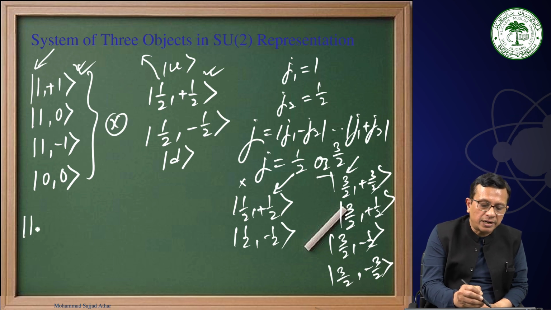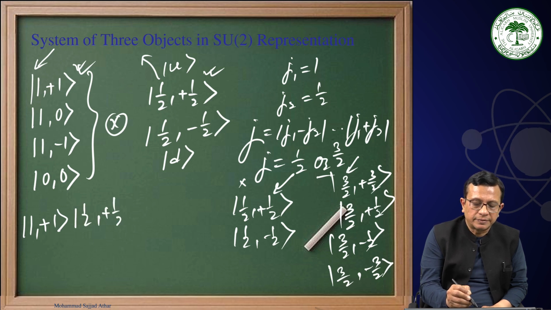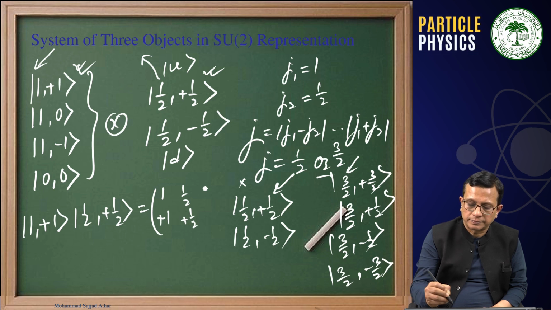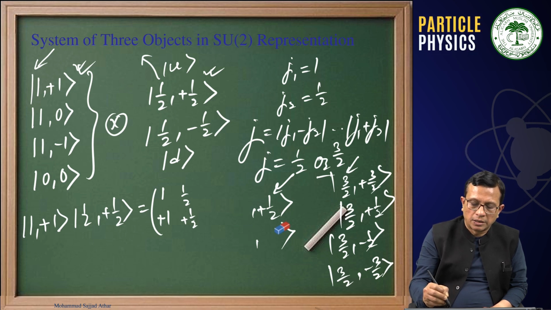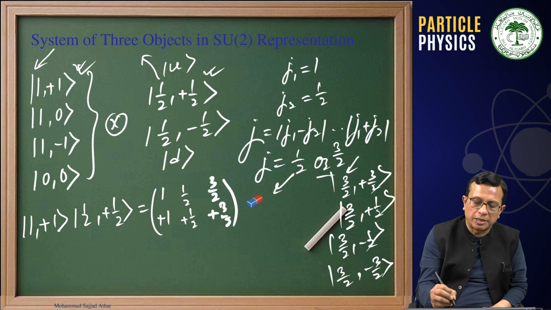Therefore, when we added 1 plus 1 with half plus half, we obtained it as 1 plus 1, half plus half, then plus 1 plus half will give me plus 3 by 2, and this is possible only when we have a 3 by 2.